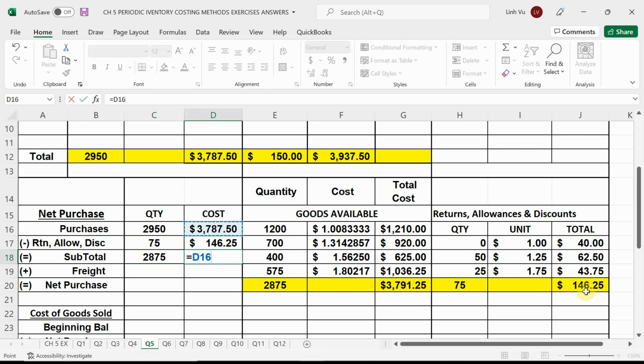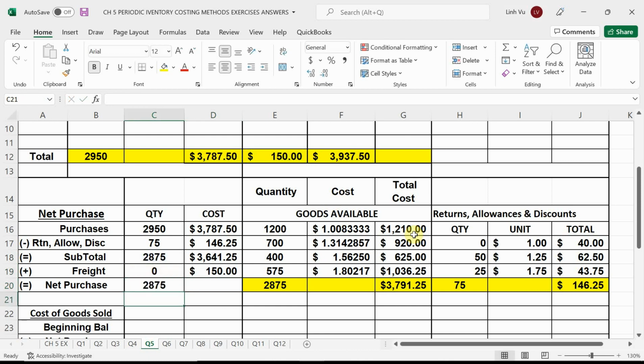Because these decrease my values, I am now left with 2,875 units, and my total cost has decreased down to $3,641.25. Freight adds nothing to the total quantity, but I'm going to add my 150 to my cost. It's going to be part of my inventory. So now I am left with 2,875 at a grand total cost of $3,791.25.